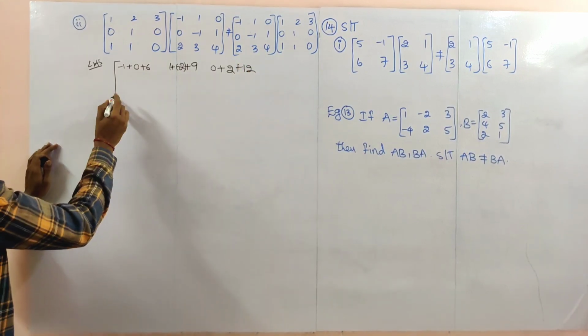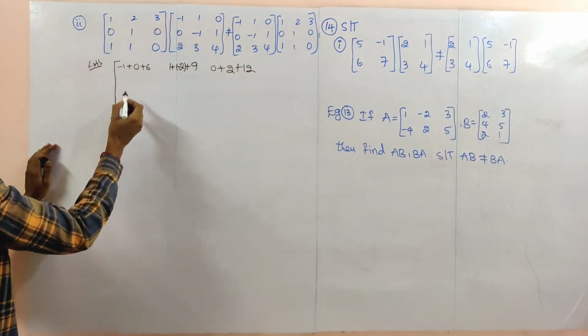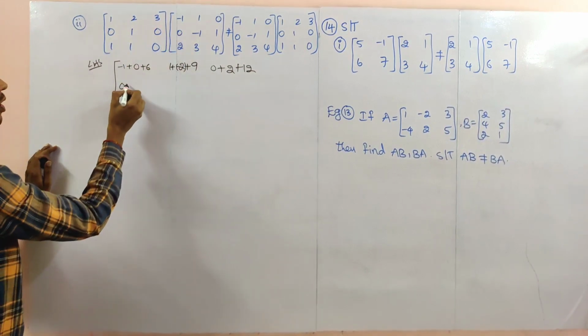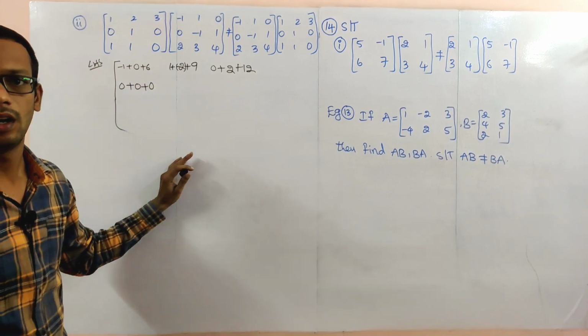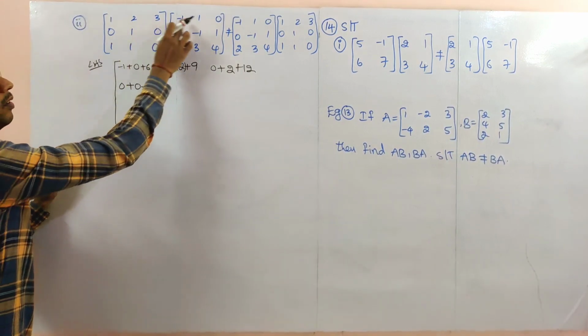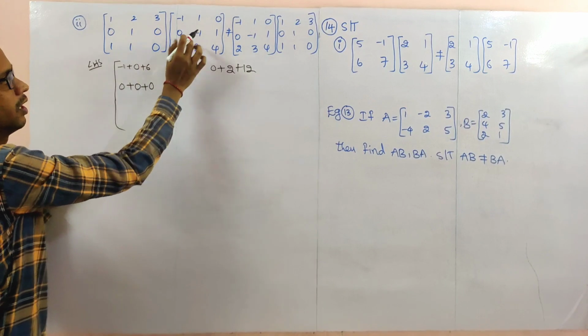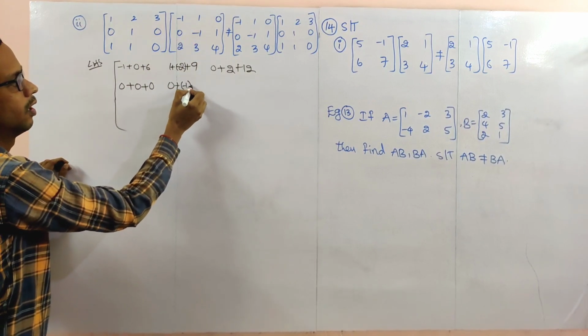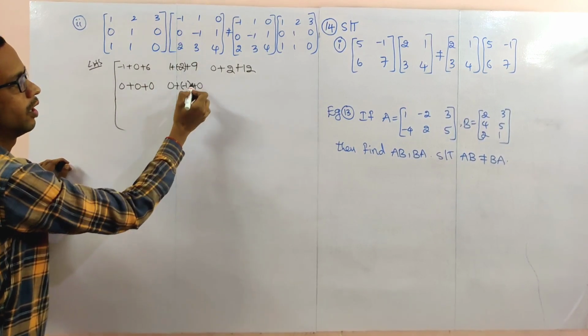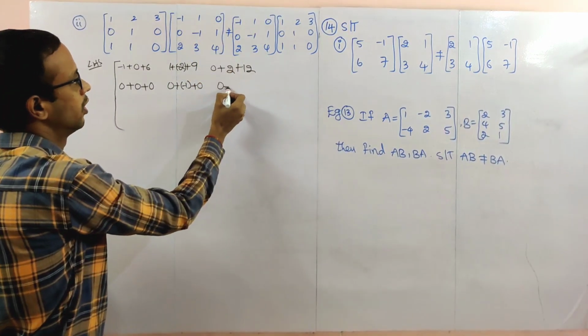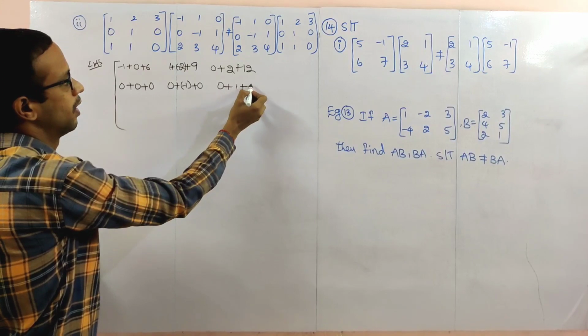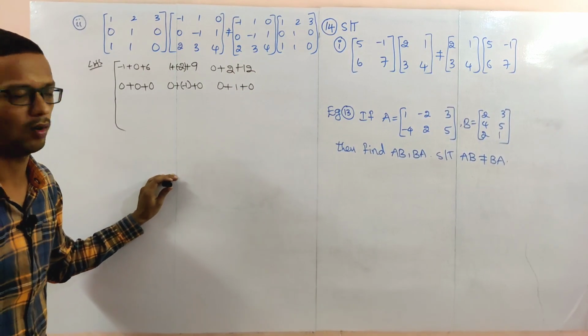Next, 0 into minus 1, 0. 1 into 0 is 0, plus 0 into 2 is 0. Row by column. Next, 0 into 1 is 0. 1 into minus 1 is minus 1, plus 0 into 3 is 0. Next one, 0 into 0, 0, plus 1 into 1, plus 0 into 4 is 0.